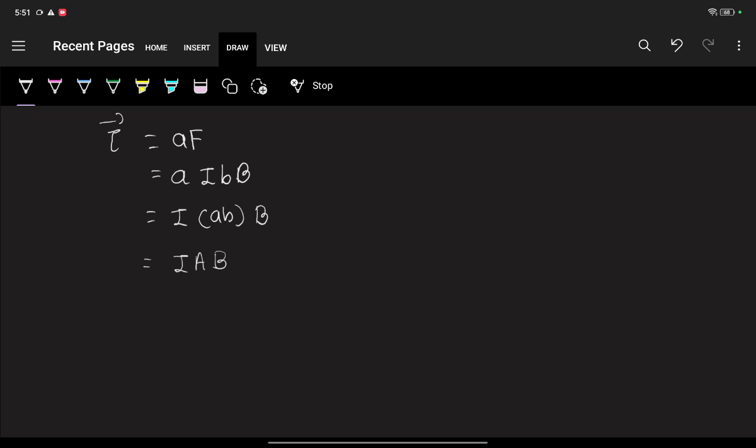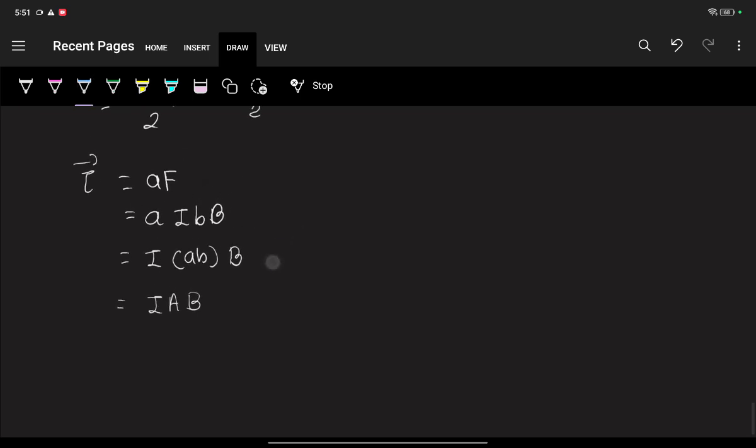And there comes this concept of magnetic moment. Magnetic moment is given by current into area. Like in electrostatics we have defined the electric dipole, and it was Q into 2a.